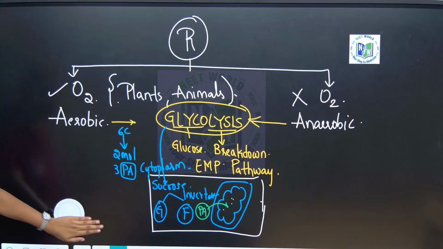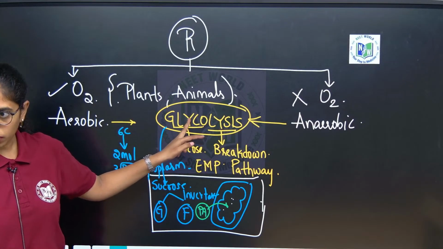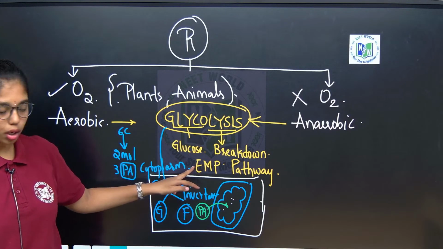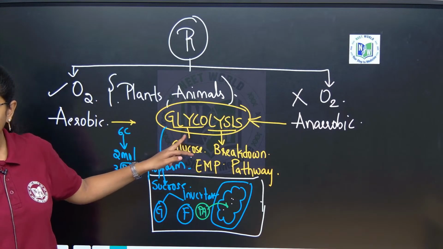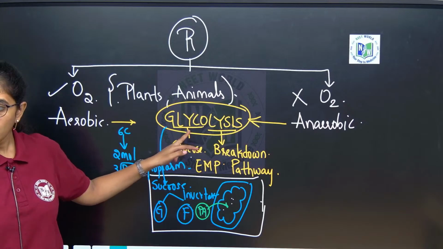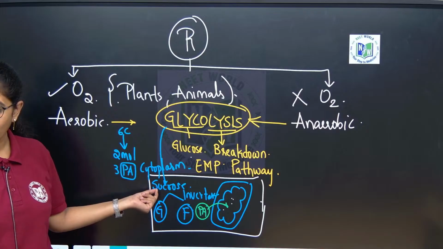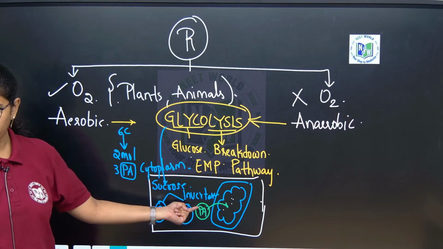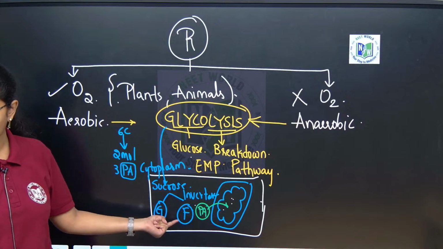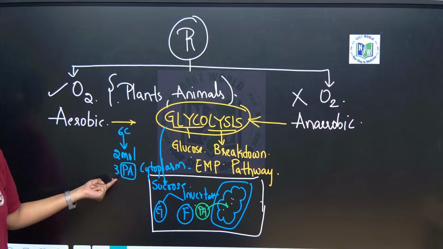Okay. So this is clear to you, beta. In aerobic respiration and anaerobic respiration, glycolysis is the common pathway. Glycolysis is also called the EMP pathway. This is an incomplete or partial oxidation of glucose, wherein sucrose after entering the cell is broken down by invertase into glucose and fructose, where glucose will be converted to 2 molecules of 3 carbon pyruvic acid.